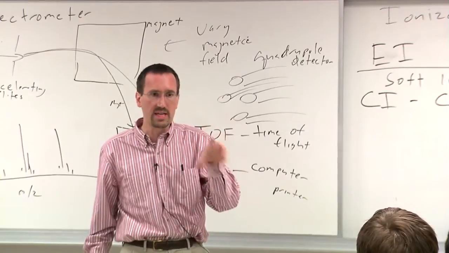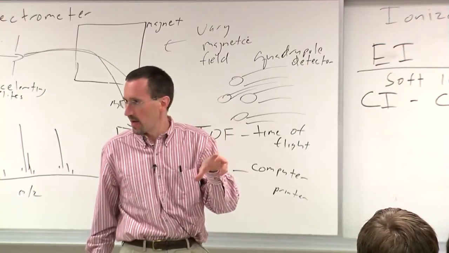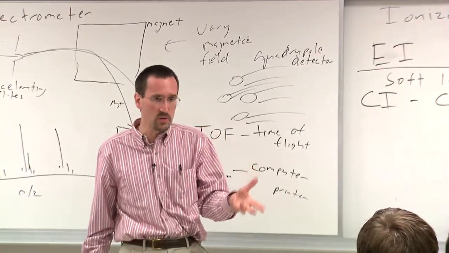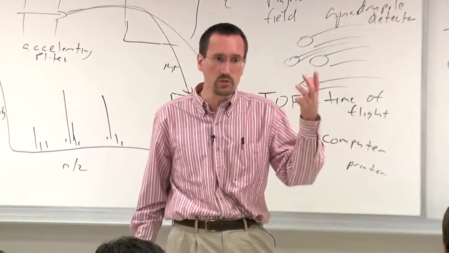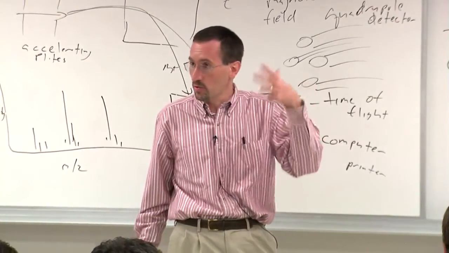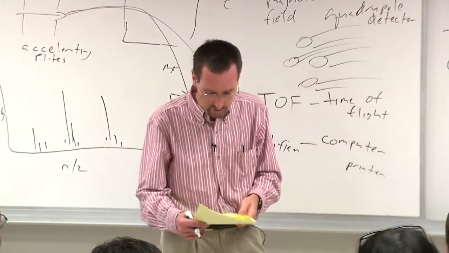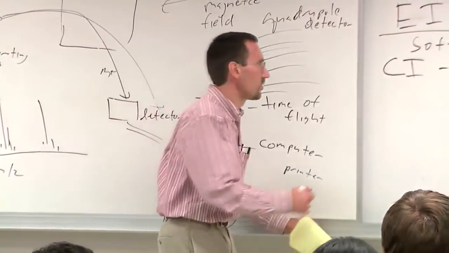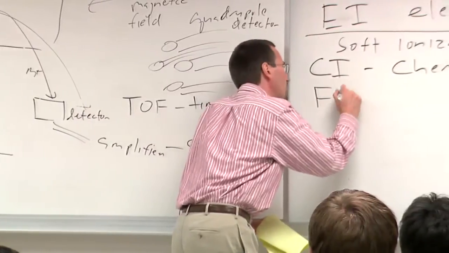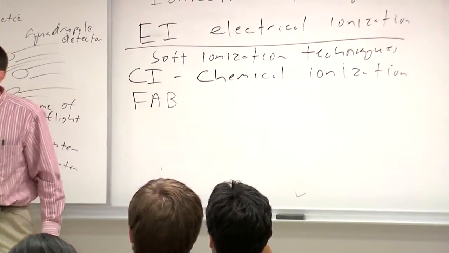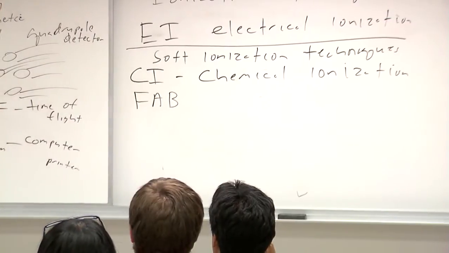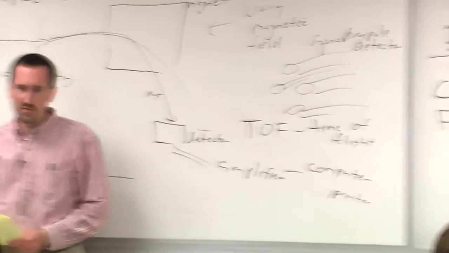Often what you're doing is adding a proton to the molecule, which in a way is much more intuitive to an organic chemist because you're basically using a strong acid, or an acid of various forms, to protonate the molecule. One of the problems of chemical ionization and of electron ionization is getting the molecule into the gas phase.